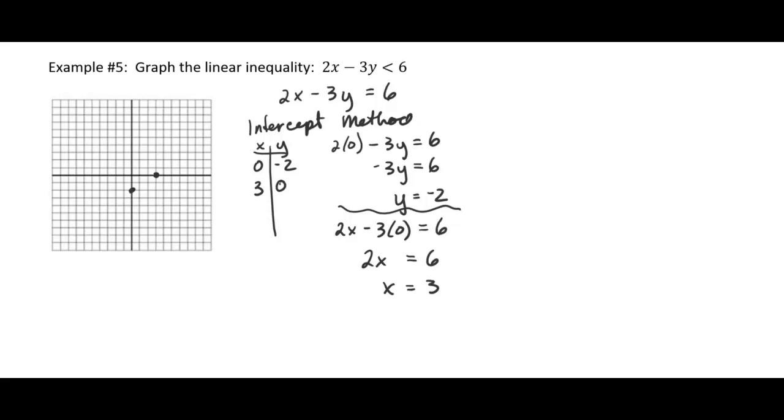Now, what would be another good point to choose? Well, you kind of get to pick, but I'm going to pick 6 for x and see what happens. So we'll see if I have a good pick. 2 times 6 minus 3y equals 6. So I get 12 minus 3y equals 6.